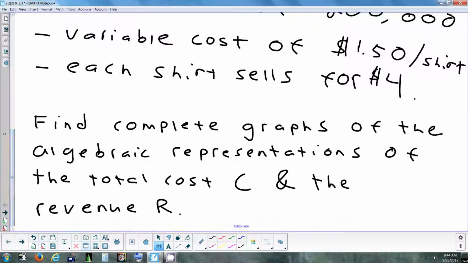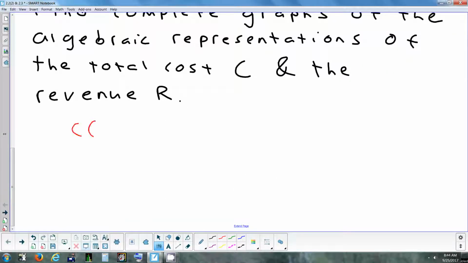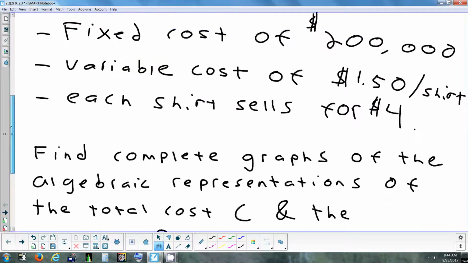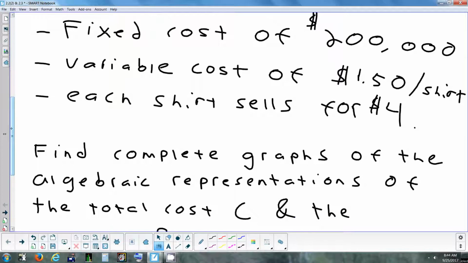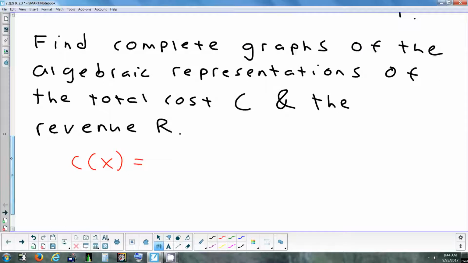All right, so let's start with an equation for cost. Okay. Anyone think they can give me an equation that would represent the cost? Yep, Sam? 200,000 plus 1.50. All right, so 200,000 plus, and what did you use for a variable? T. Okay.